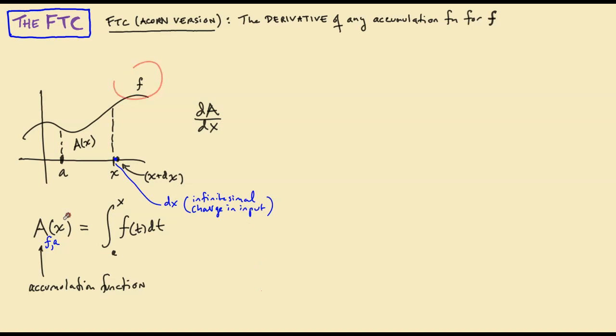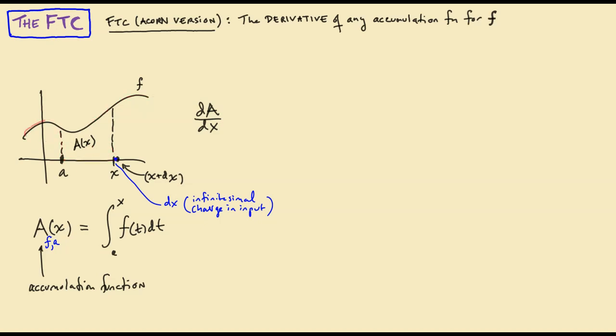Okay, well, how does that change the output? Not the output of f, but the output of a, the accumulation function, because that's the function whose derivative we're looking for. Well, we already interpreted the output a of x as an area. So if I slide this x over just by a little infinitesimal amount, the new output will be a new area. It won't be the area under the curve between a and x.